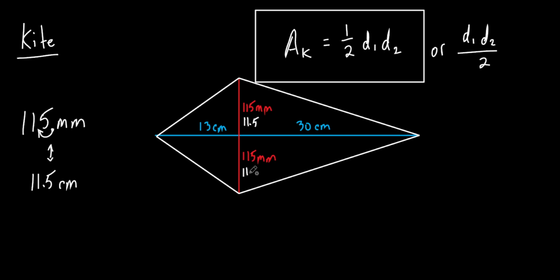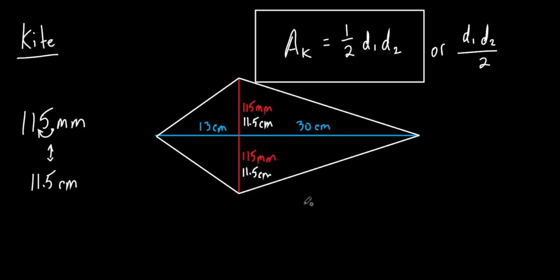And we're going to write this, 11.5. And that's in what? Centimeters. Because if I'm going to multiply these together, they have to have the same units. All right? You can't multiply things if you have different units. This is in centimeters. This was in millimeters. But what did I do? I changed it. Okay? I changed it into centimeters.